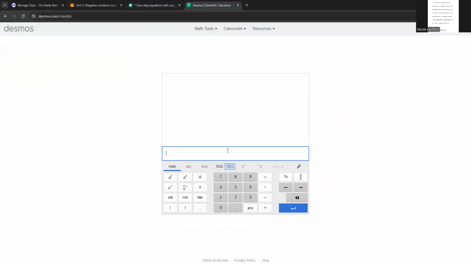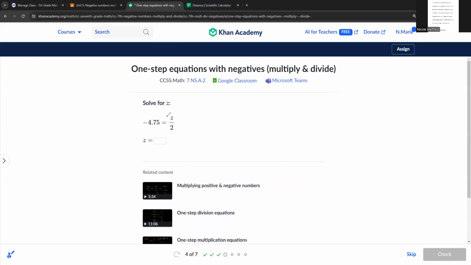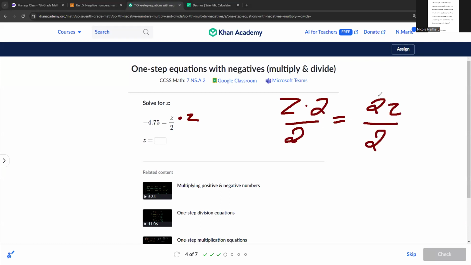How do I move the 2 to the other side? I multiply 2 to the other side. And the reason is because it cancels out. So z times 2 over 2 gets you 2z over 2, which is just z. So that's why it just cancels out, for those who need to understand what's going on.